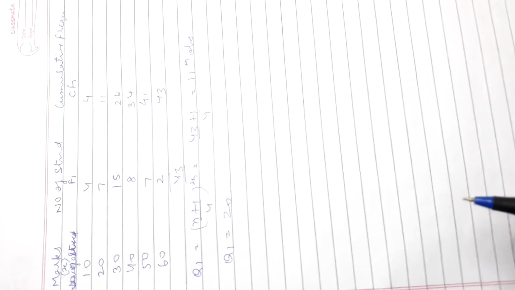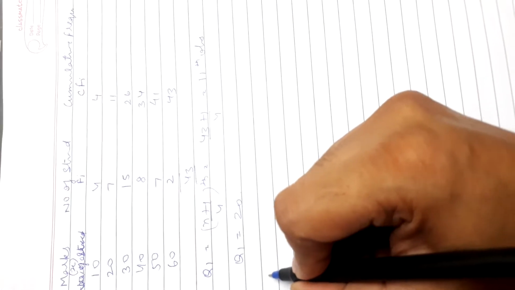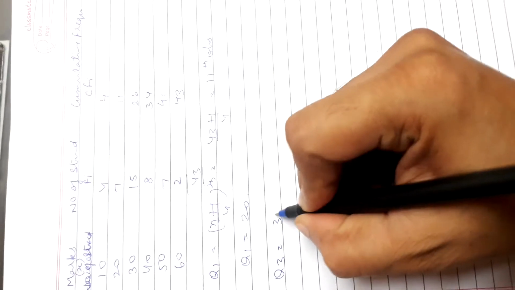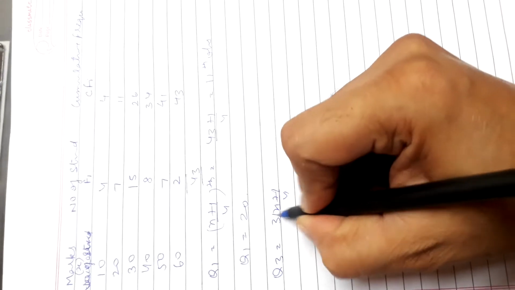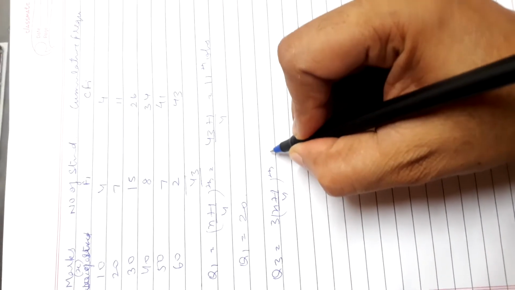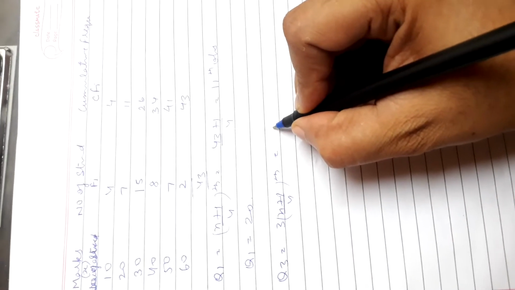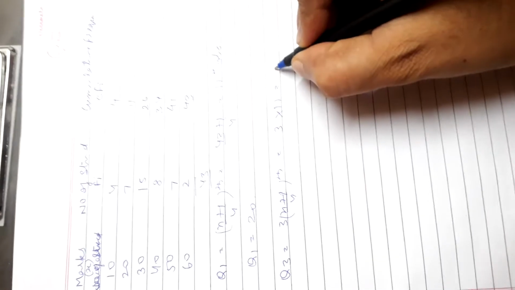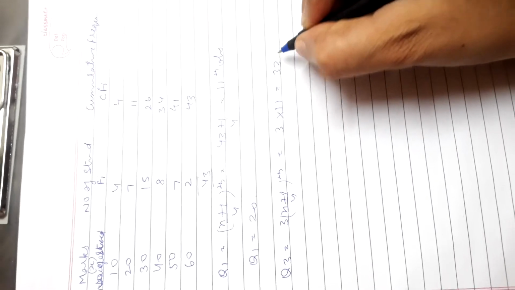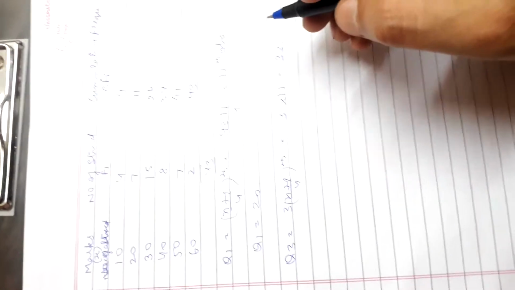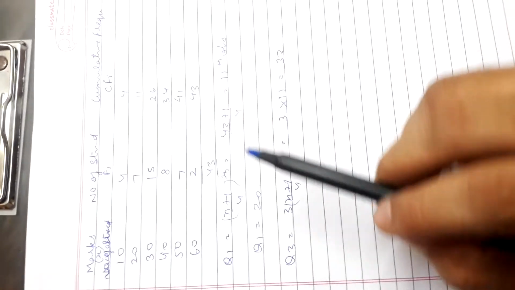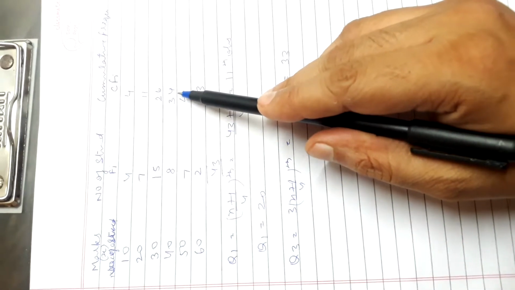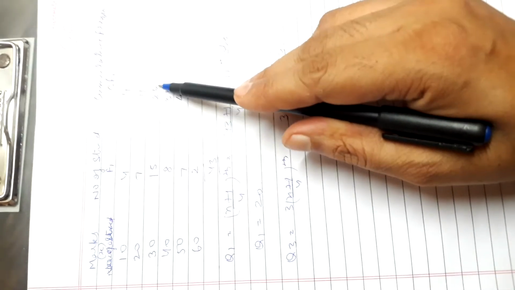Now Q3, 3(n plus 1) divided by 4th observation, that is 3 into 11, that is 33. 33 lies in this range. Up to 26 it is there.